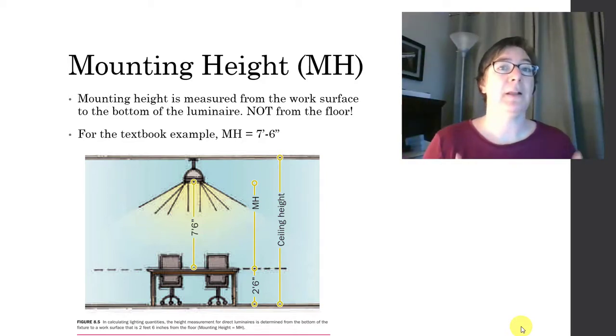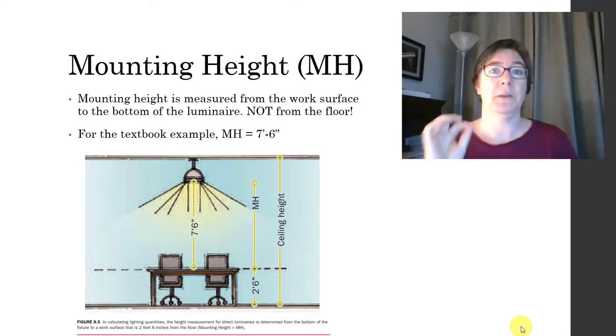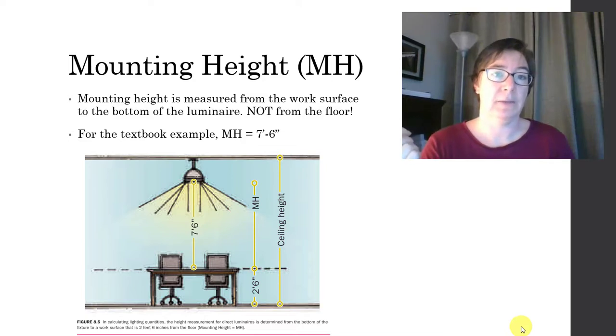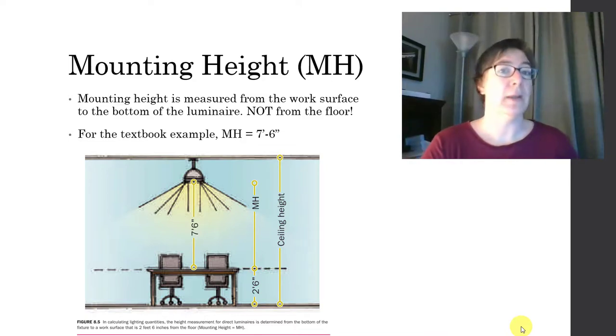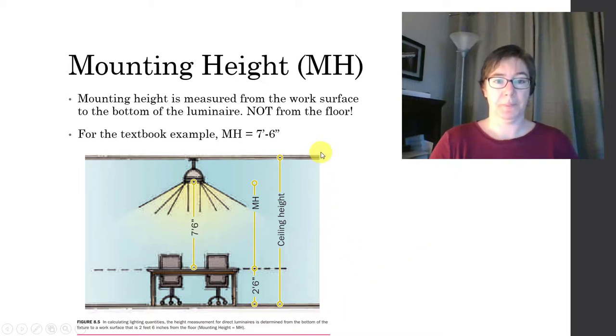When we're specifically talking about the spacing criteria and the spacing calculations, there's a different definition of mounting height, and that is from the work surface to the bottom of the luminaire, not to the floor. So here's the illustration from your textbook. Here is the floor. Here is the work surface, kind of a desk height right here. Here's the height of the luminaire, and here is the ceiling height.